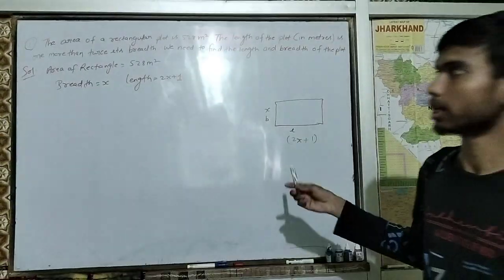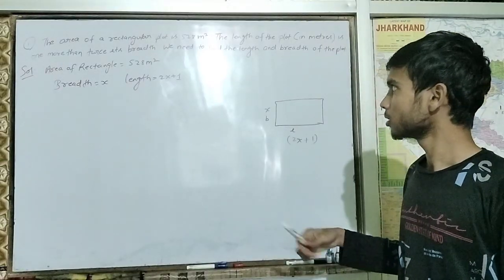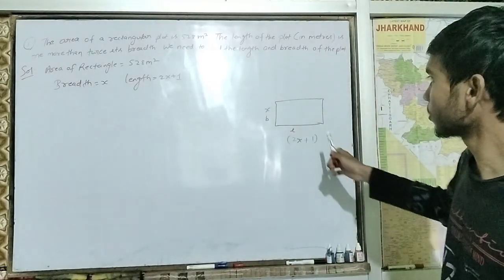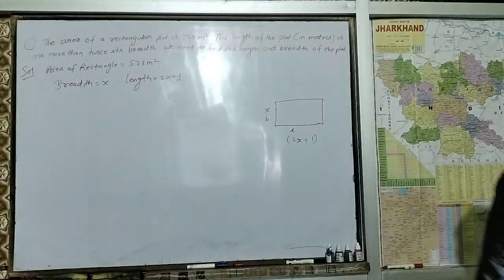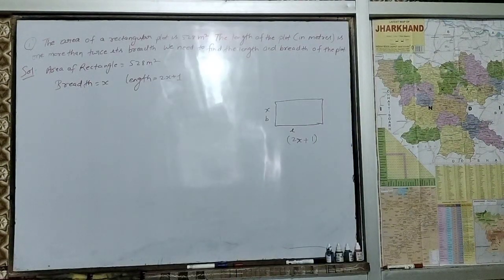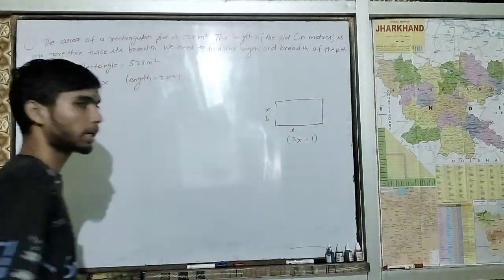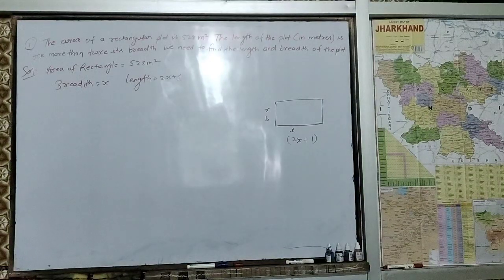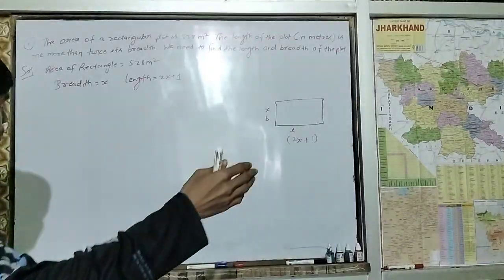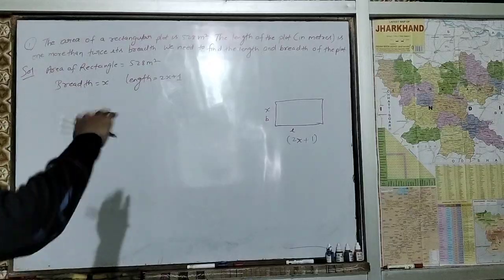It is talking about area, so it is nothing but L multiplied by B. Formula of calculating area of rectangle is what? Just L multiplied by B.